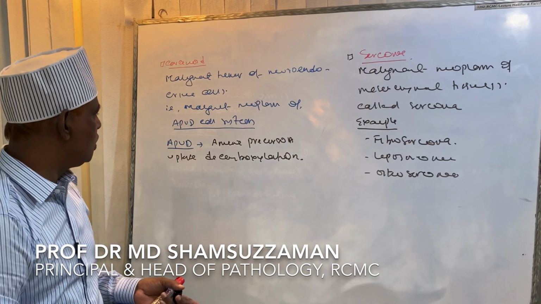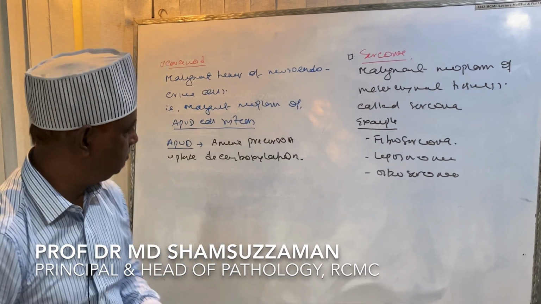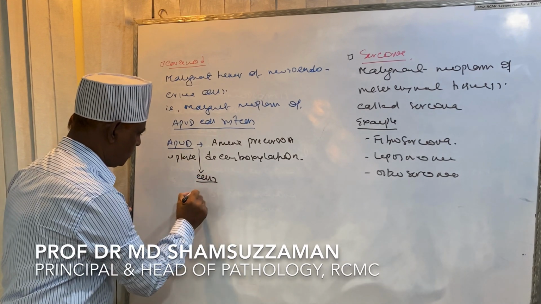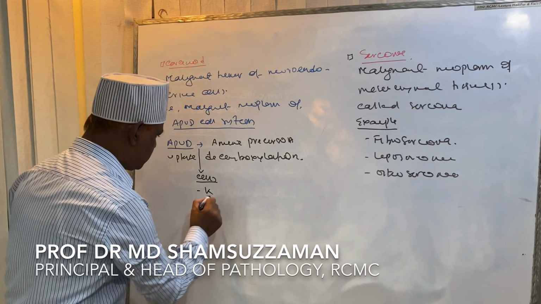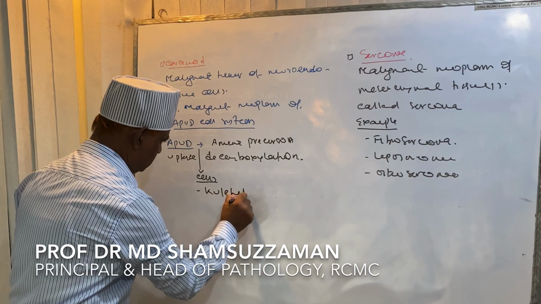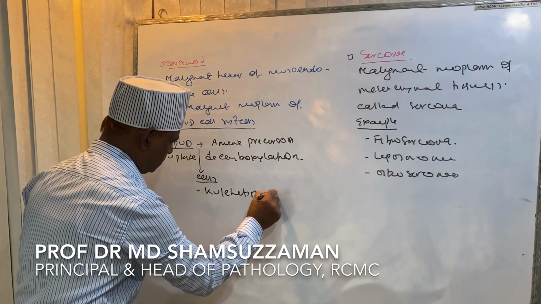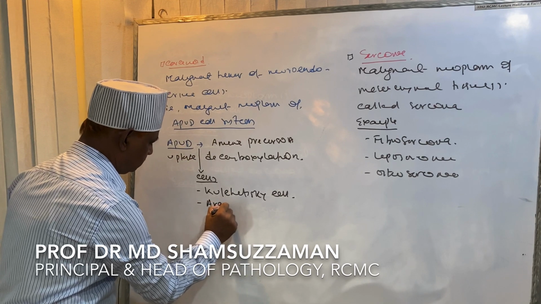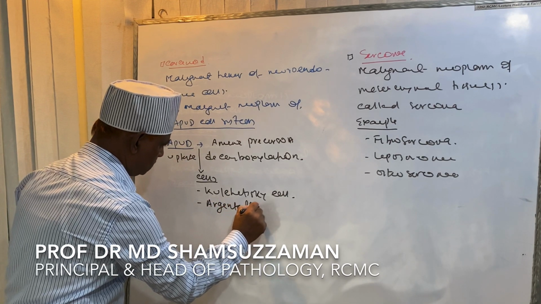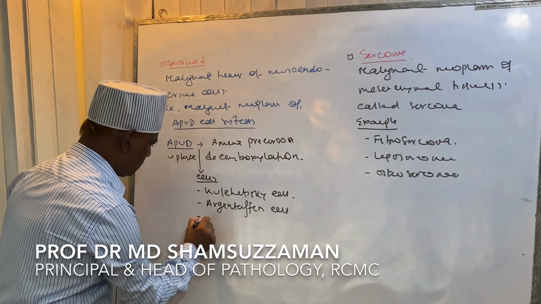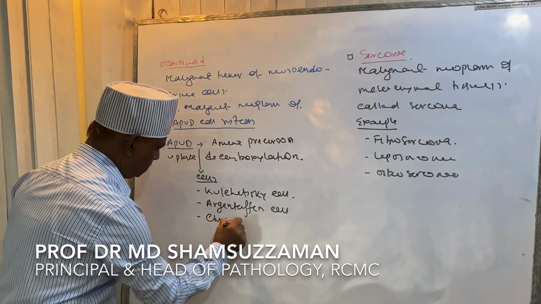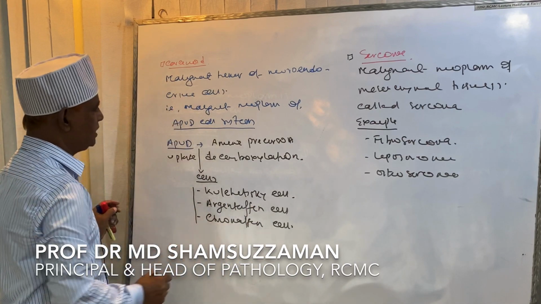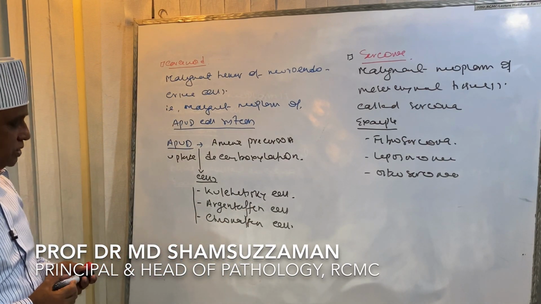The cells of the Apud cell system are the Kulchitsky cell, argentaffin cell, chromaffin cell, etc. These are the Apud cell systems.